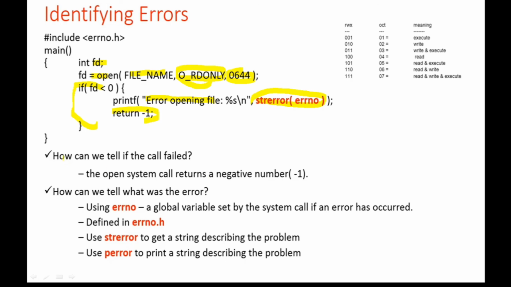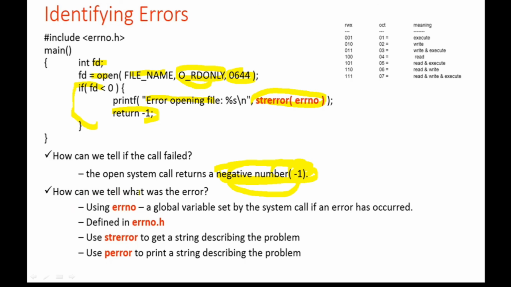Just we'll see here. How can we tell if the call has failed? The open system call is going to return a negative number if it fails. Based on that only, you are going to check whether an error has occurred, which means whether the file has been opened properly or not.